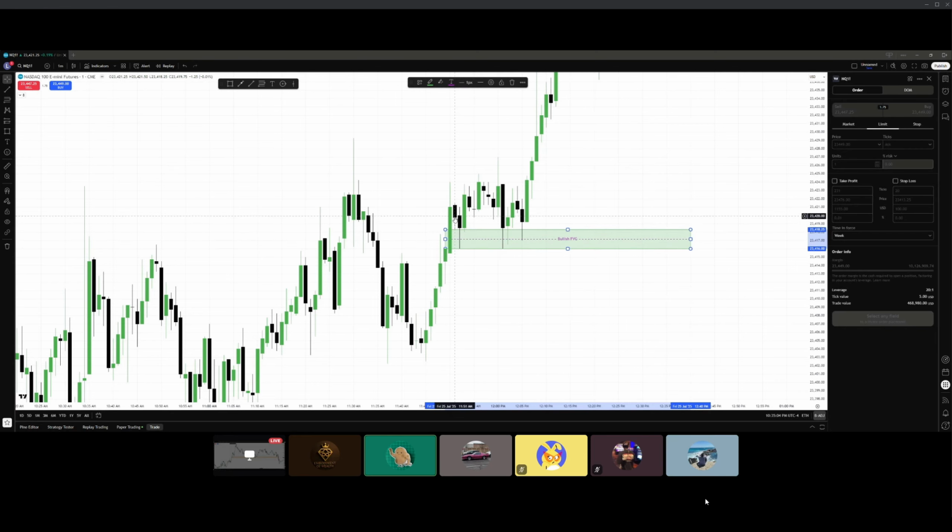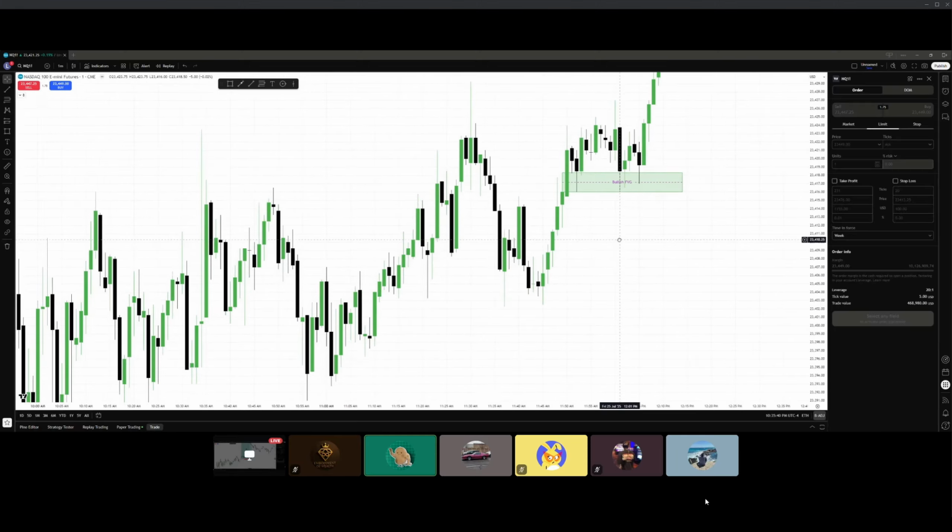We see it wick into it, but what matters is where the candles close, where the body of the candle is. So it wicks down into it, but comes back up and closes outside of that fair value gap. That's a strong fair value gap, and a better probability trade in itself. And like I was telling you earlier, you've got that inversion right here that you could play into as well. But that's what I want to see. That's something that would make me want to enter a trade.